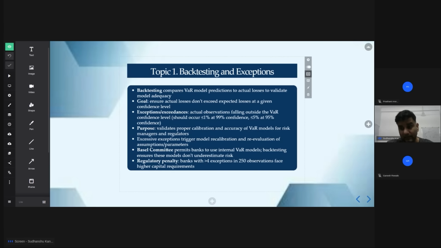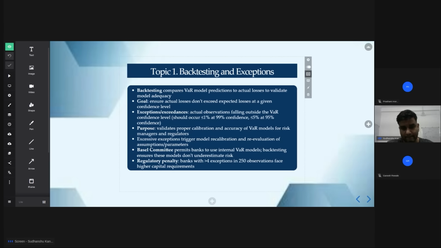In other words, I want to understand, did the model really behave the way it was predicted? It's the model validation process used by two parties, one by your risk managers, the other by your regulators.